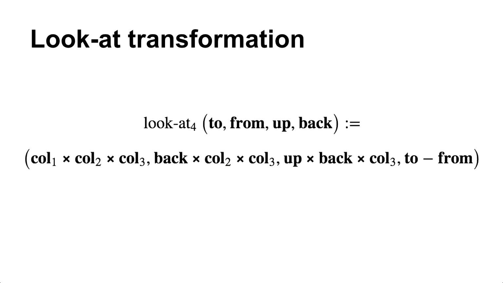If you're looking at your OpenGL manual, you have a function that does that for you. You give it three vectors. You give it where you're looking at, where you're looking from, and which side is up. Because you could rotate the camera like this. So in 4D, you need to fix another vector for that. So we have two from up and back, and we fill from right to left.